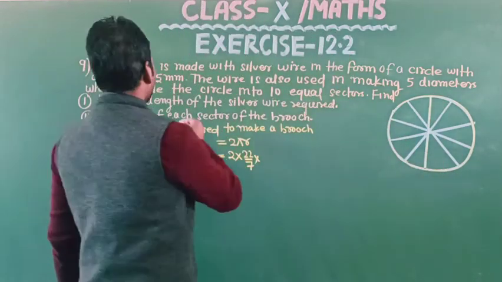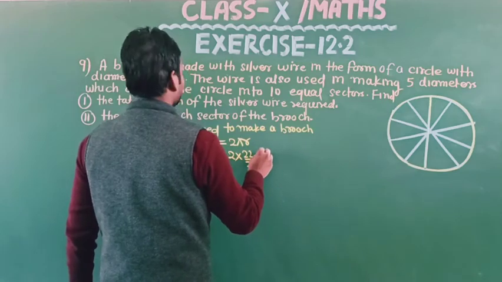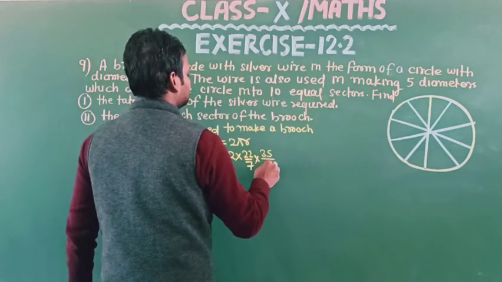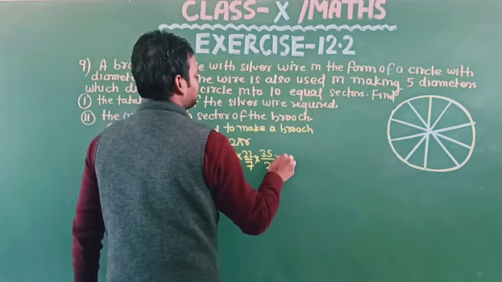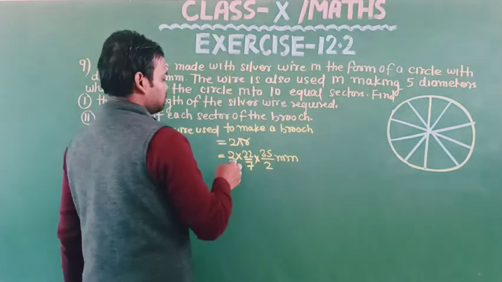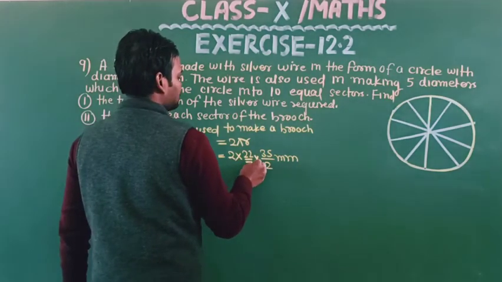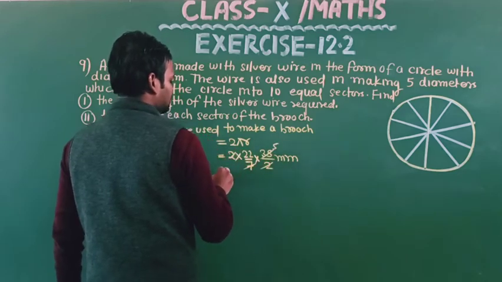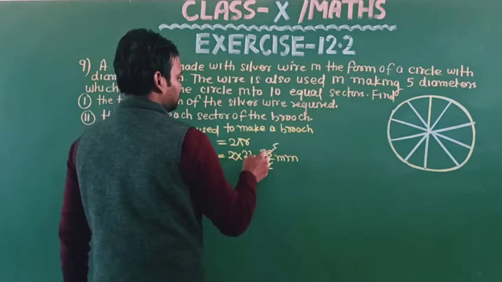So therefore radius will be 35 by 2 mm. Now simplify. So this is 7, 5 is 35 and 2 cancel out. Now multiply 22 by 5.